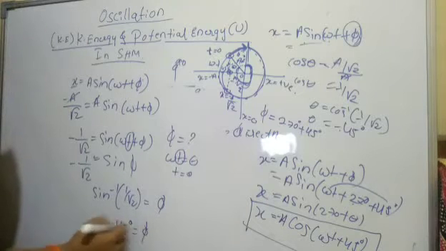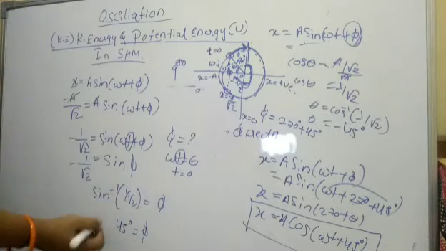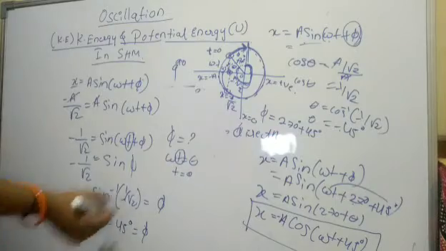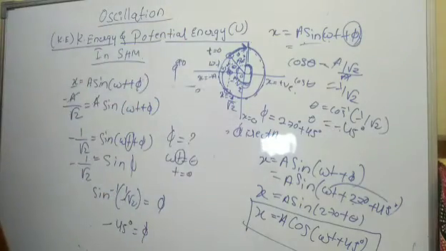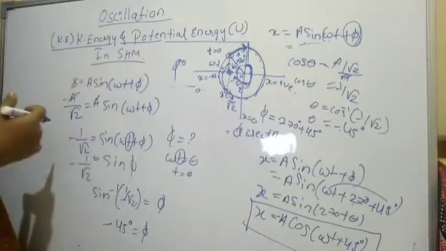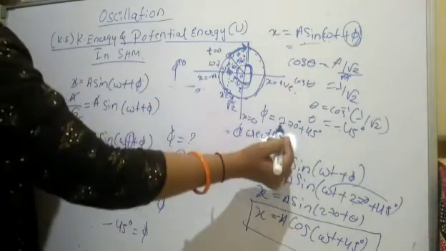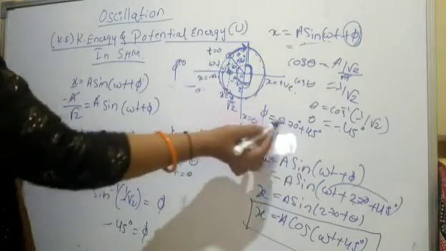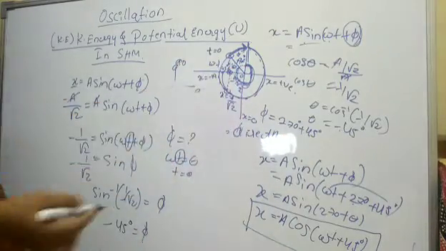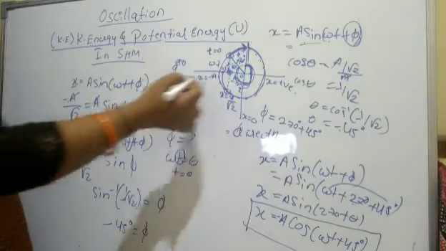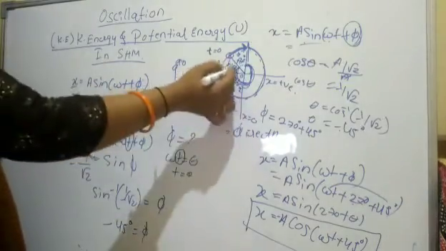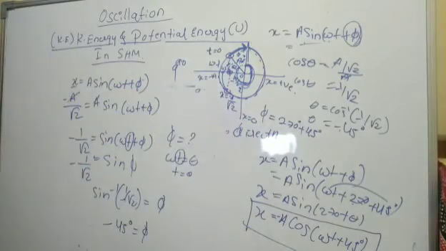So phi is equal to 45 degree. The minus remains as it is, because it is in the position of the negative extreme direction. So we got phi here 45, and here also phi is 45. But the thing is, the journey starts from 270 to 270 plus 45, meaning theta is 45 here. Right, theta is 45.